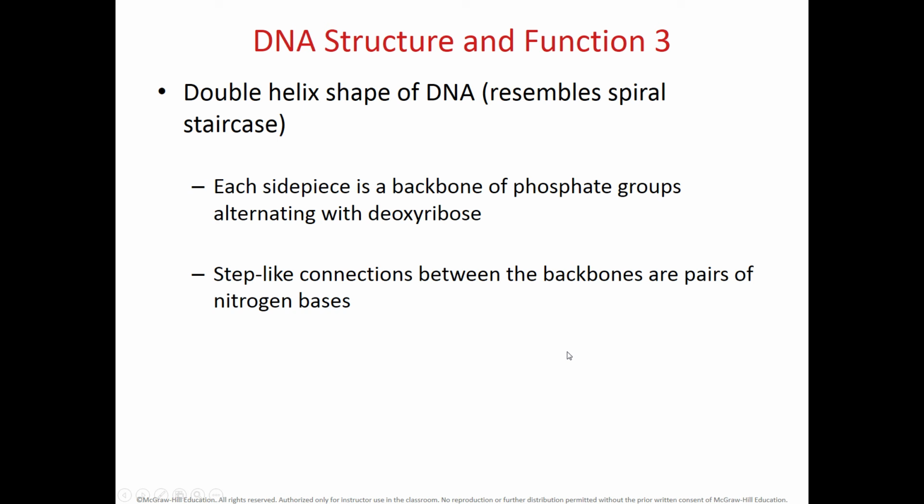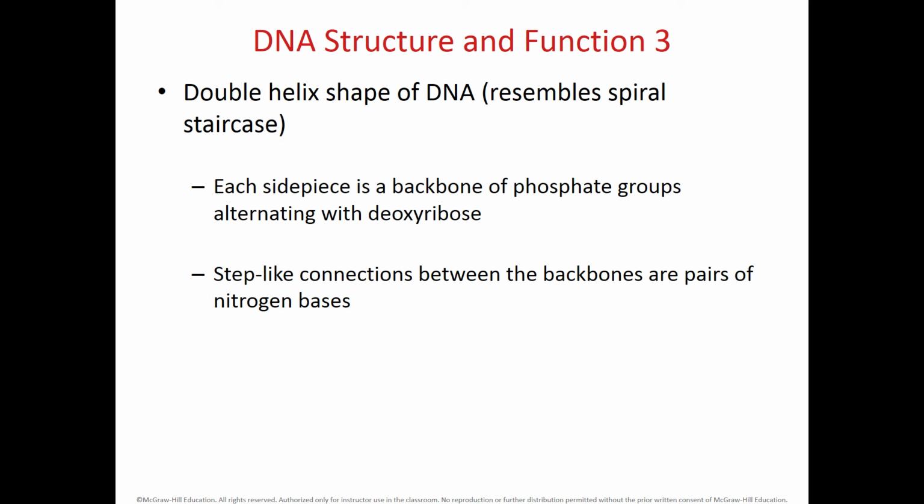This thread-like structure of DNA forms a double helix, and it looks like a spiral staircase. On each side of this double helix, you have phosphate groups alternating with the deoxyribose sugar.